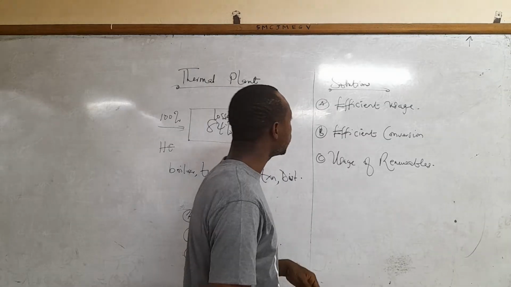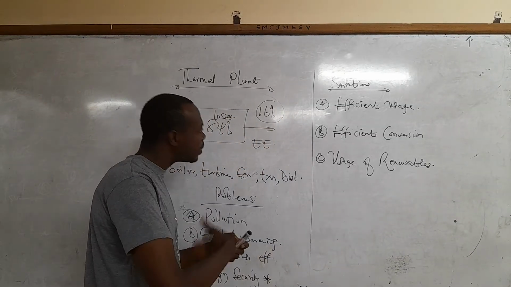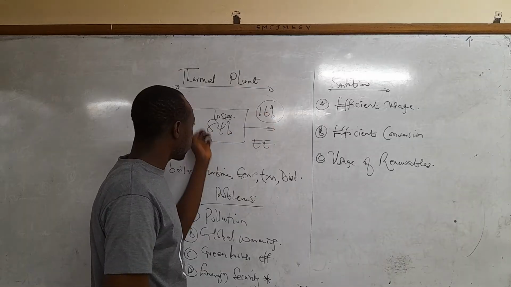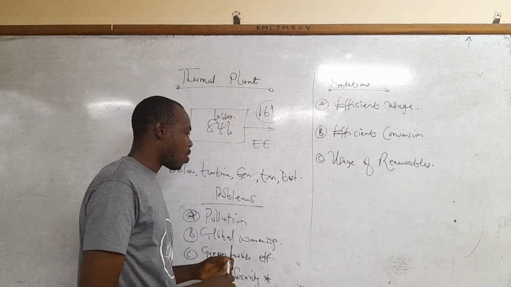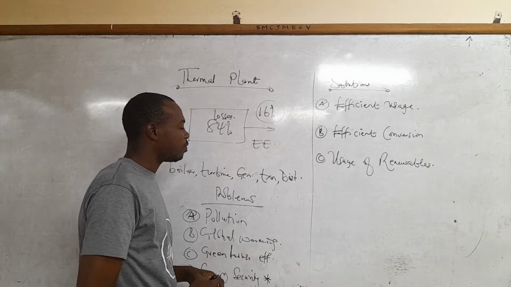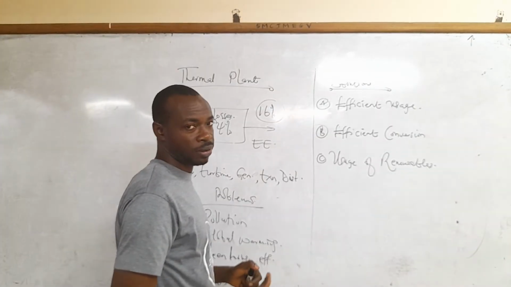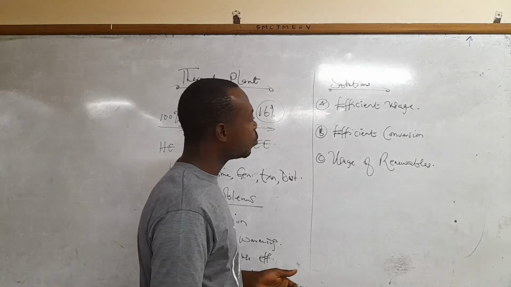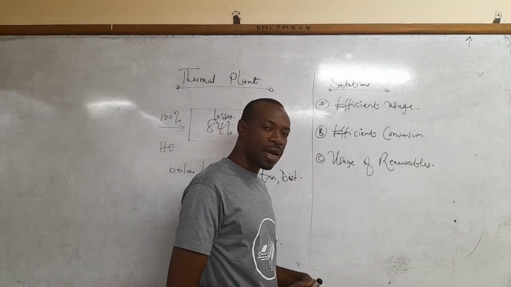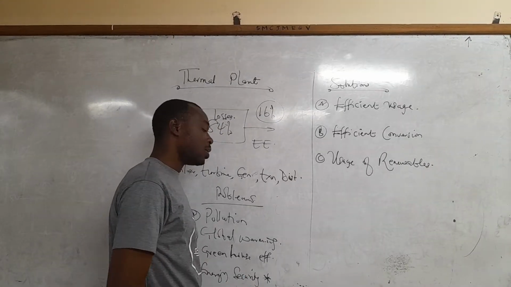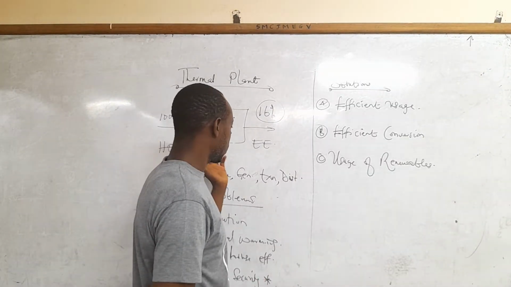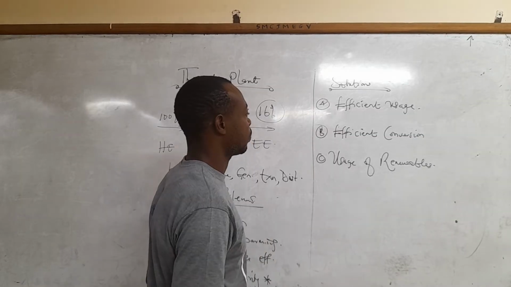If we use it efficiently, then the overall reliance on fossil fuel will be reduced. But when we continue to waste power, we will still be relying on it, and this energy security threat will still become great.